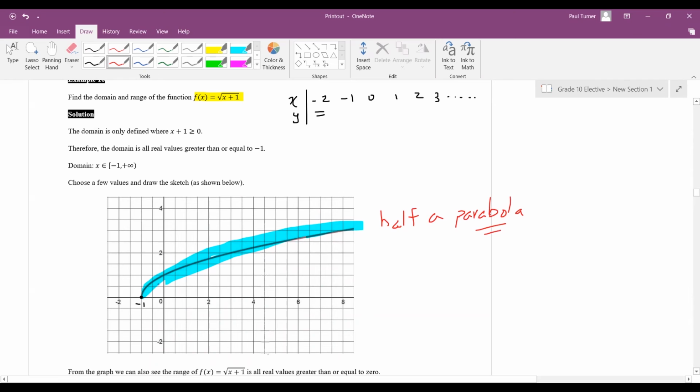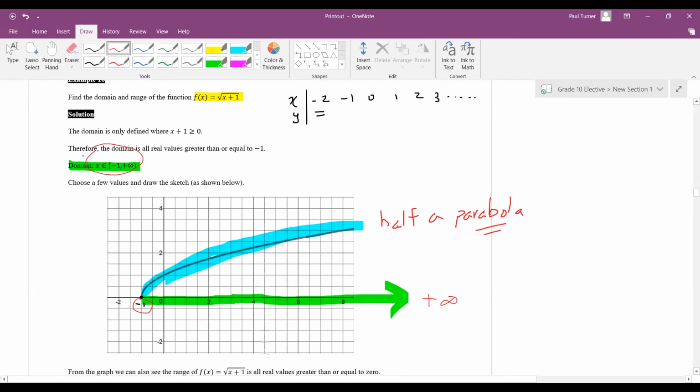But here we can see your domain. Where is your domain? Your graph is in this area. So follow from the graph, from as far as you can go on the left in this direction. So this is your domain from -1, which is here, until positive infinity here.